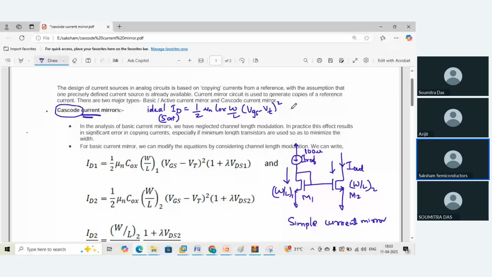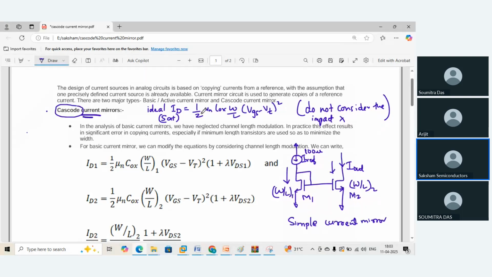And we do not consider the impact of lambda, that is channel length modulation, which is always ignored, and that's why you never see the VDS term in the ID equation.